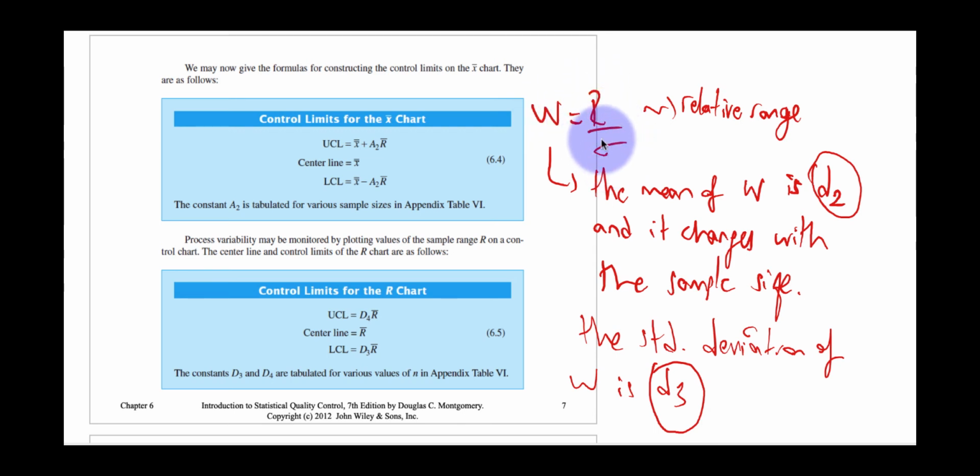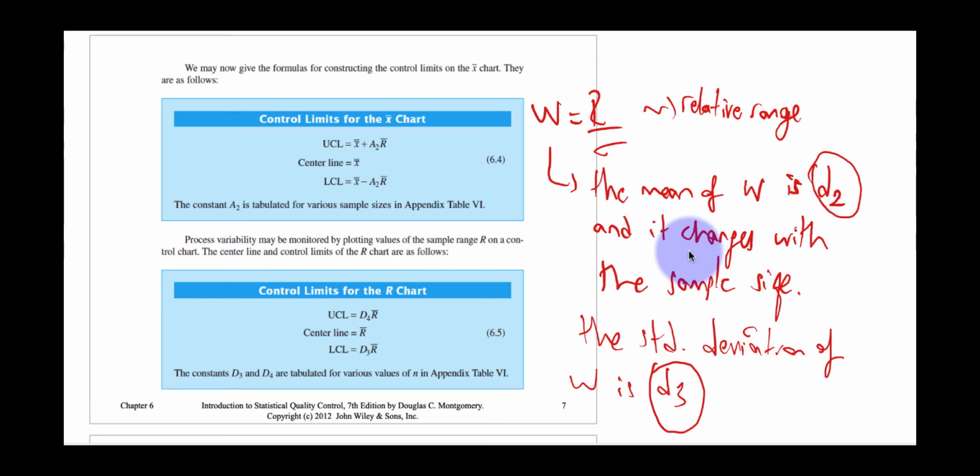We are going to use this formulation to estimate the standard deviation we have. The mean of W is d2, and d2 is a value depending on the sample size, and it is the mean value of the relative range. Okay, this is just statistics, and we are using these statistics to estimate the standard deviation.